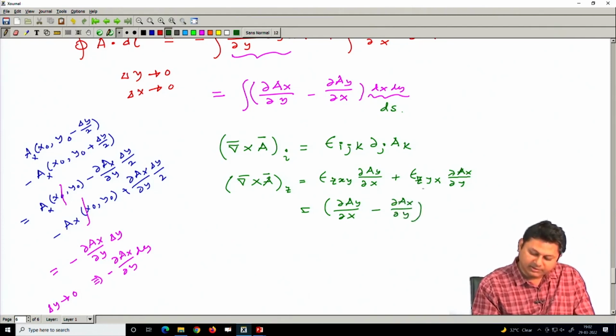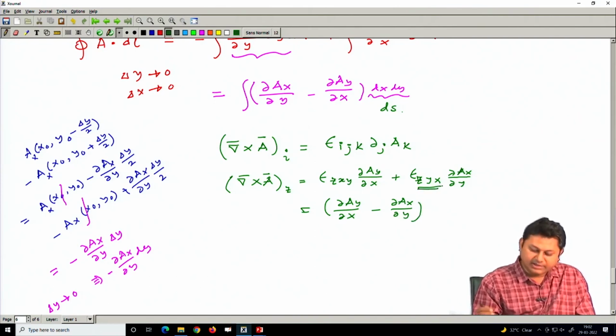This minus sign is because of this term, because it is anticyclic.